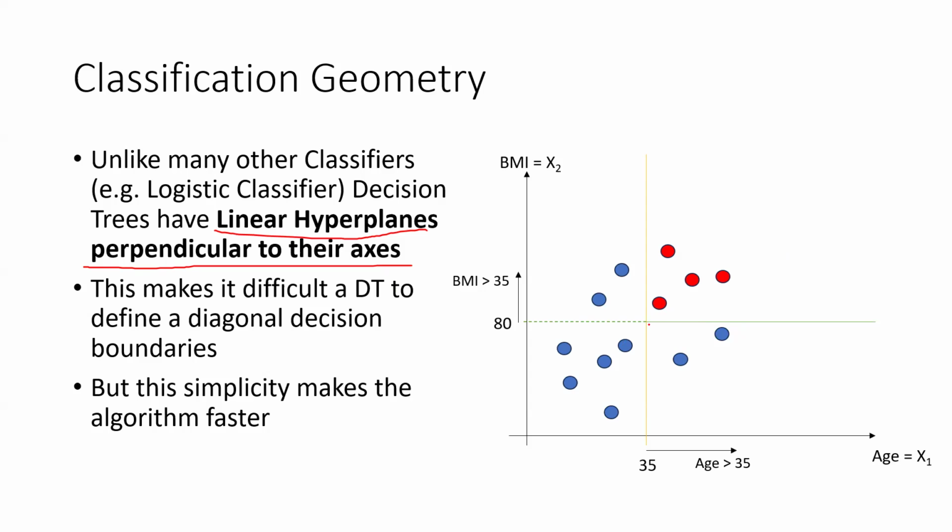So that is what makes this decision tree model simpler and faster, so that you can use it in much more advanced versions known as ensemble models. We will be discussing it now.